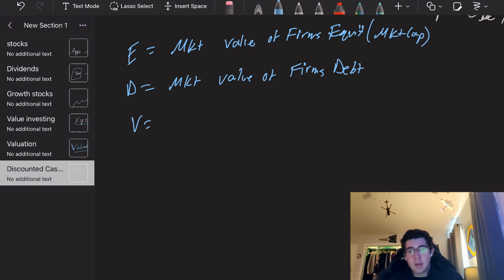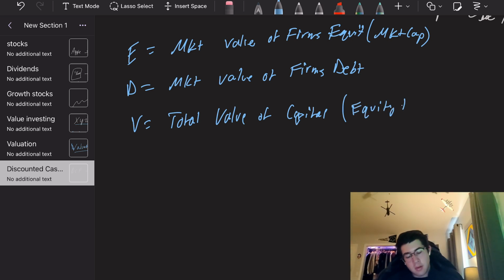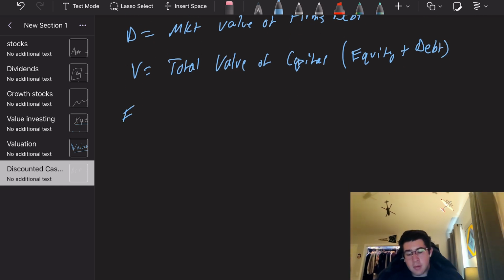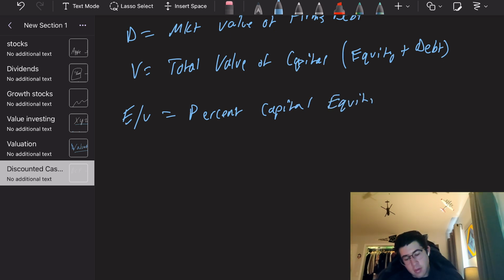V is the total value of capital, which is equity plus debt, or debt plus equity. And then these mean the percent of capital that's equity, and the percent of capital that is debt.